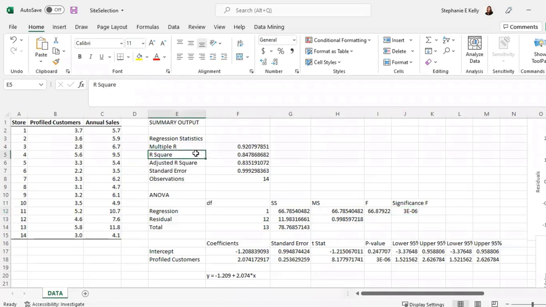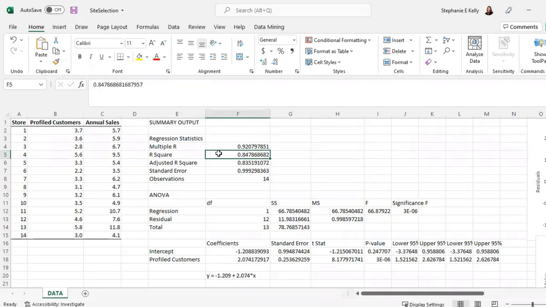Next, we look here at our R-square value. The R-square value tells us what percent of variance in the dependent variable is accounted for by the independent variable. Like all percents, this can range from 0 to 100%, which means that the R-square value can be anywhere between 0 and 1.